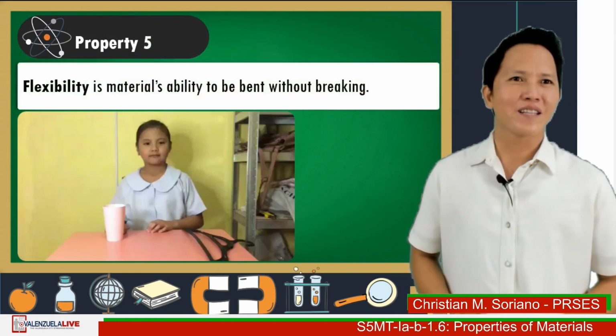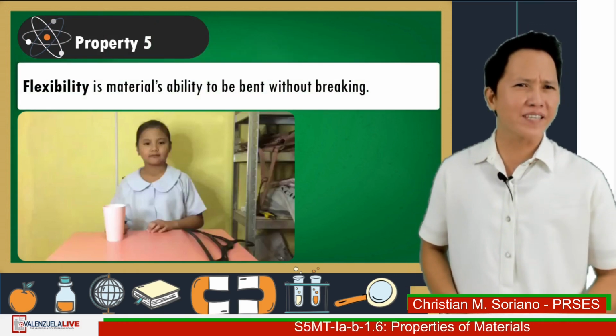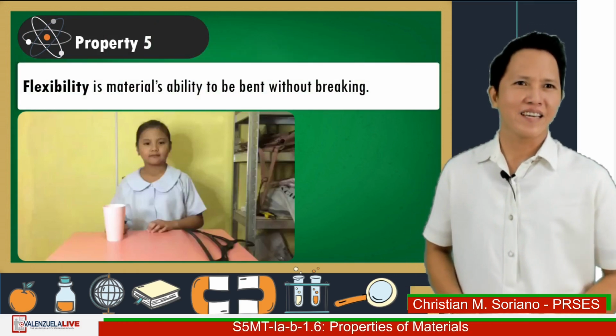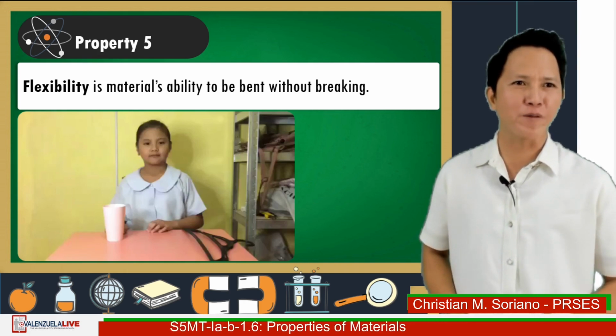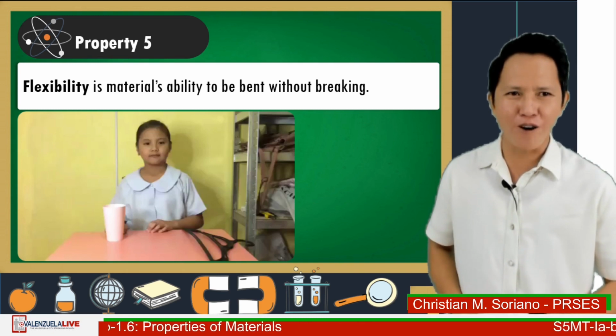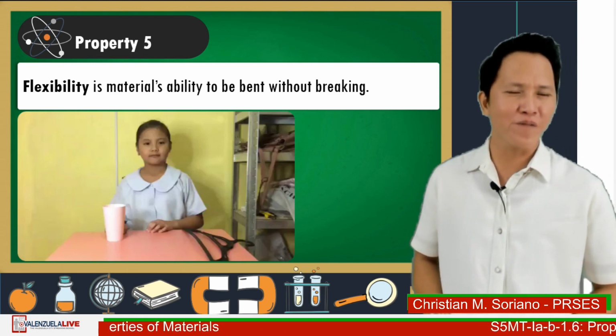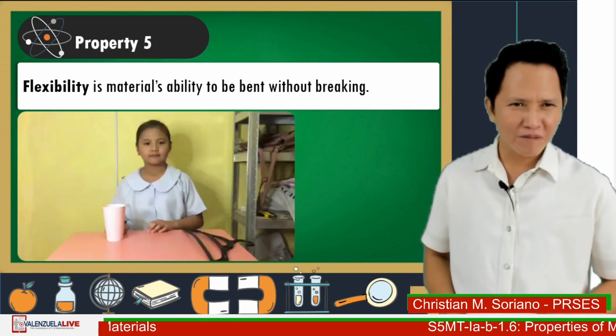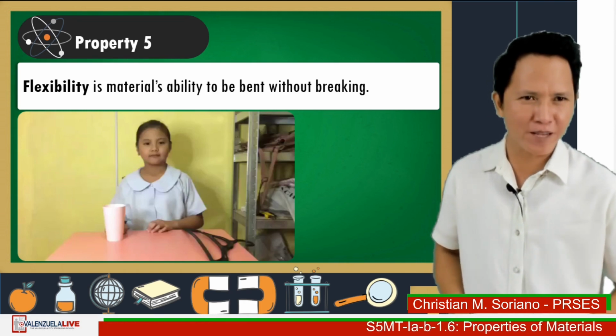The fifth property is flexibility, class. Flexibility is a material's ability to be bent without breaking. Think of household equipment you have at home and determine if they are flexible.